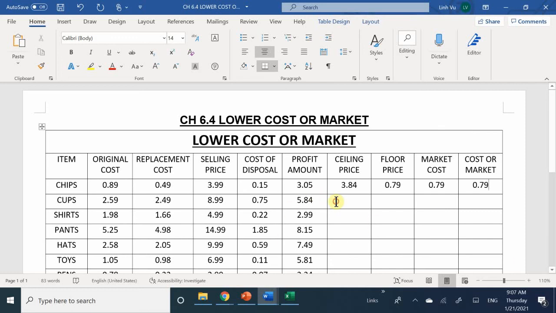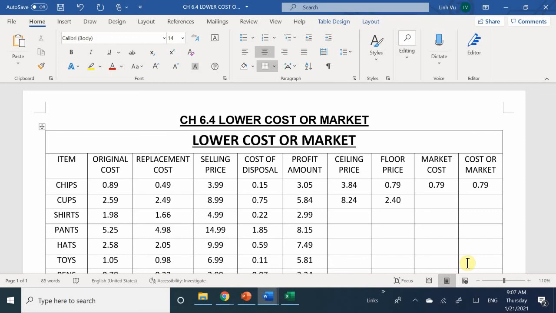Selling price minus the cost of disposal again, which is $8.24. What's my floor? $2.40.